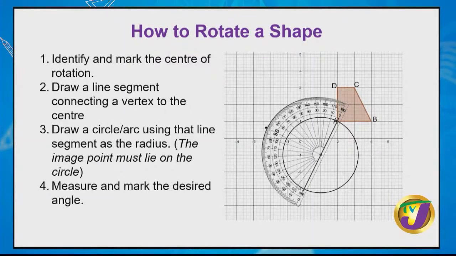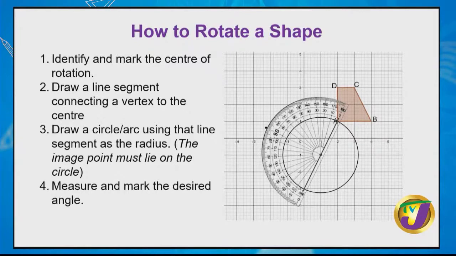Yes, ma'am. Great. So after we have measured and marked the desired angle, notice now I've drawn a line segment. Remember now that we said earlier that A prime must lie on the circumference of this circle, right?